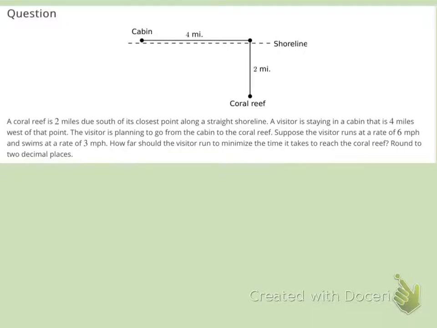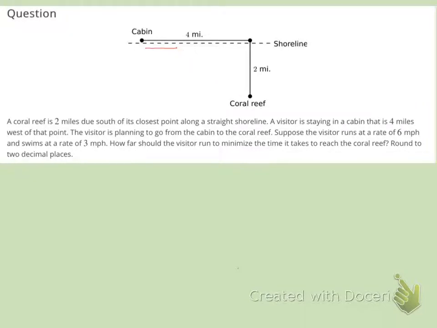So we have some options for this visitor, right? They could run all 4 miles, and then they could swim 2 miles. That's probably not the most efficient. Or they could run for a little bit and then swim the rest of the way.